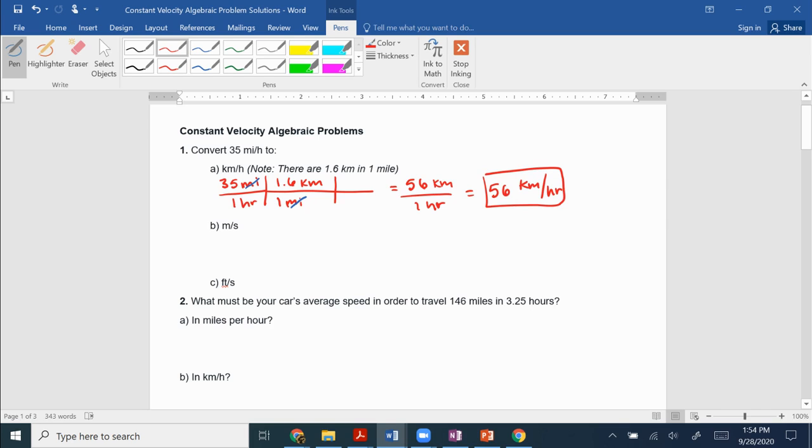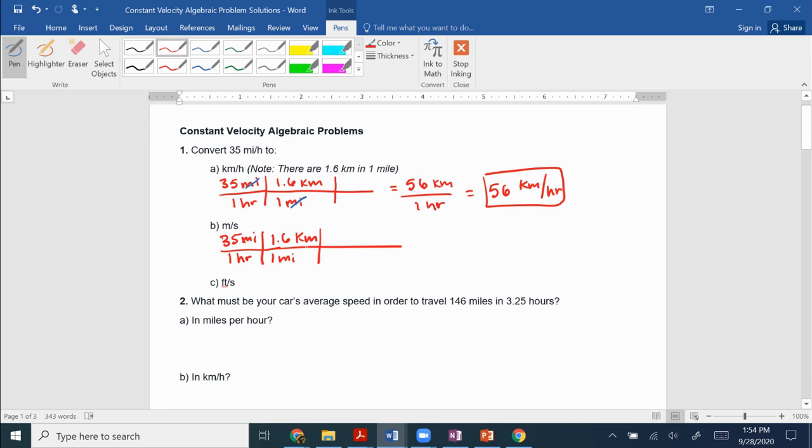Next up, to get it to meters per second, it's easier to change kilometers into meters than to go from miles into meters. So we have 35 miles in 1 hour. 1 mile is 1.6 kilometers.